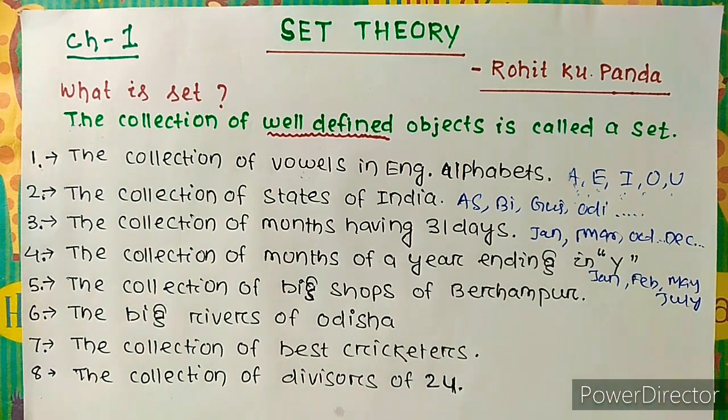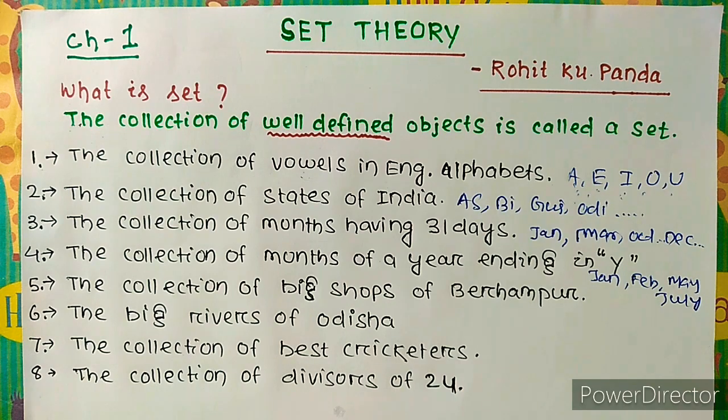Okay, and the next one is the collection of the big shops of Berhampur. When this question arises, we have a doubt in our mind about which shops we will consider a big shop, a medium shop or a small shop. So it is confusing our mind.